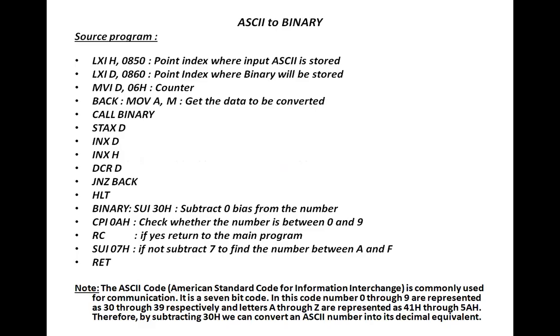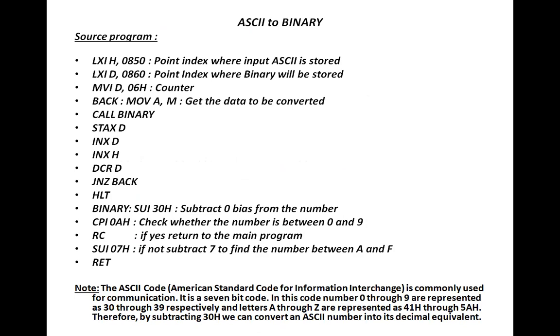Now the next one is the ASCII to binary conversion. ASCII to binary conversion is just a reverse process. It is a counterpart of binary to ASCII. In case of binary to ASCII, we add 30 or we add 37 hexadecimal.